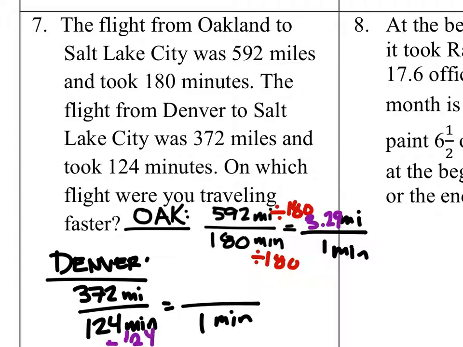So 372 divided by 124. It's just 3? 3 miles in 1 minute. So on which flight were you traveling the fastest? Oakland. Yeah, because you're going a little bit more miles every 1 minute.